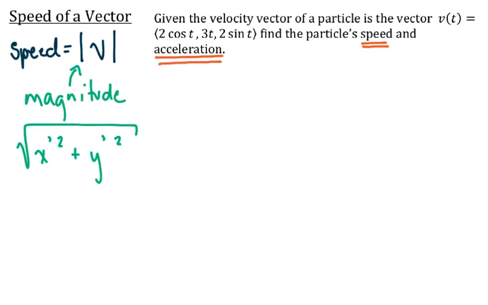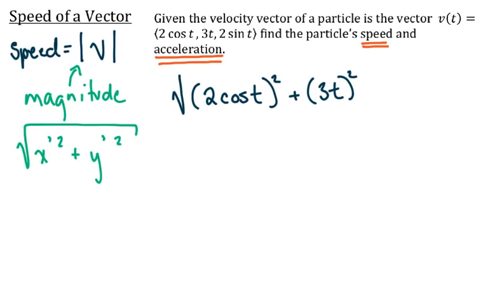So in the case of speed here, we are going to take the square root of 2 cosine of t squared plus 3t squared, and you'll notice that there's an x, a y, and sort of a z term. We're talking about a three-dimensional vector. That's just fine. It's going to continue on, of 2 sine of t squared.